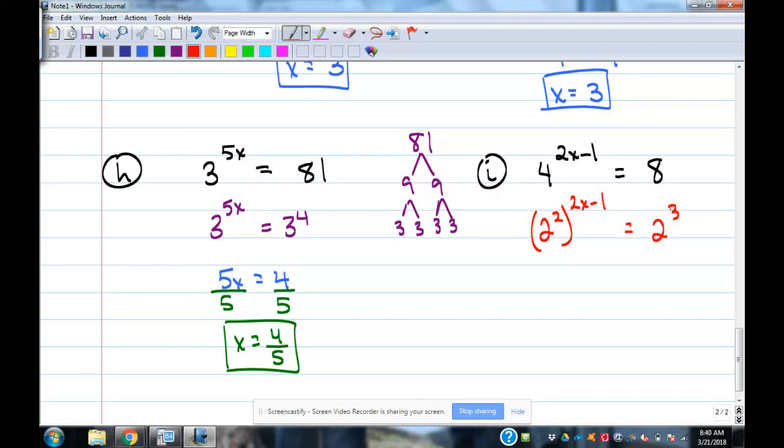What's the rule for exponents here? Multiply. Yeah, that's right. We're going to multiply 2 times 2x minus 1. So that's going to give us 4x minus 2 is equal to 3.